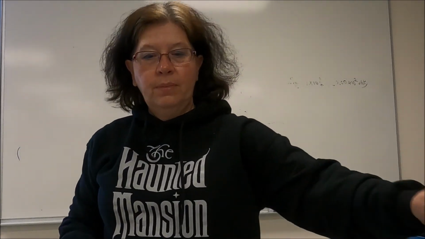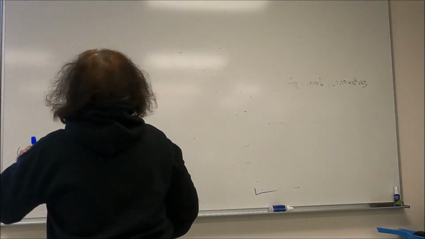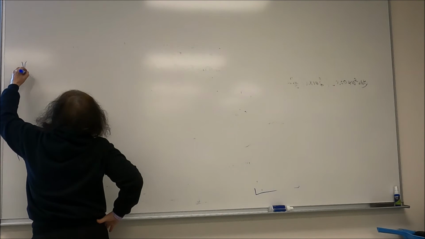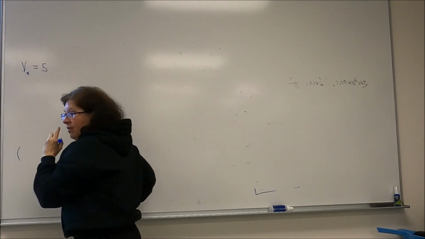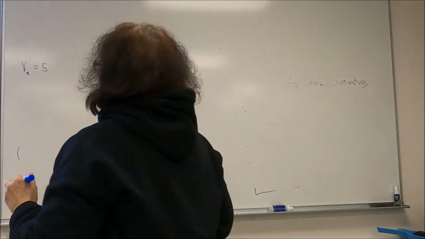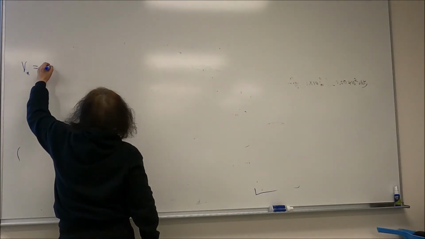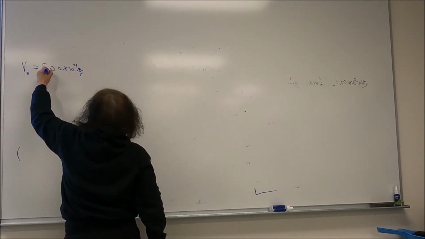Okay, now, our speed at point A is 50,000, so 5.00 times 10 to the 4 meters per second.